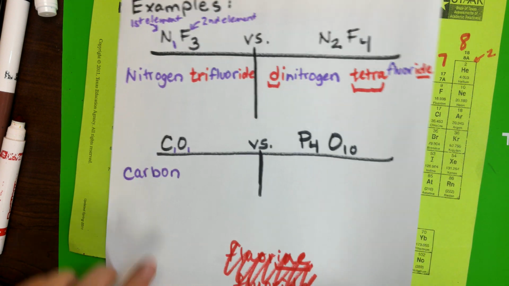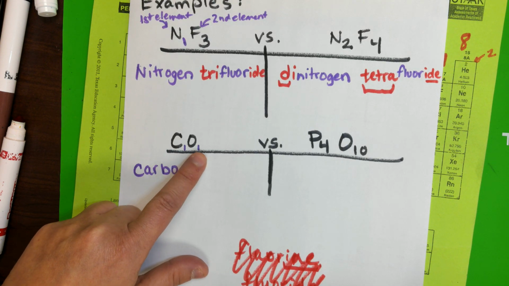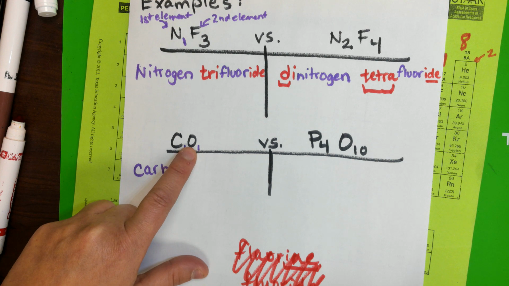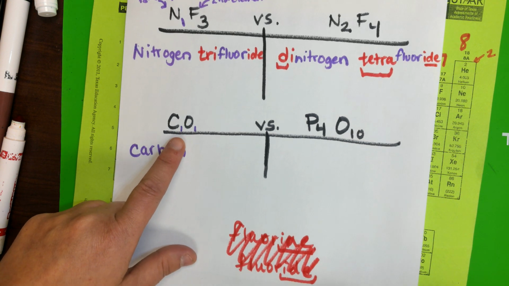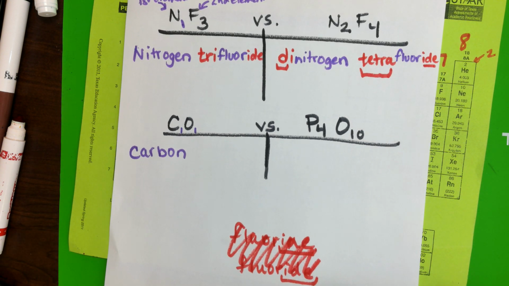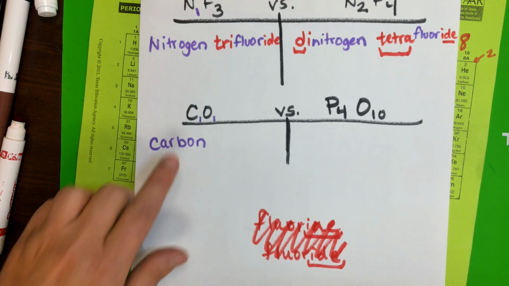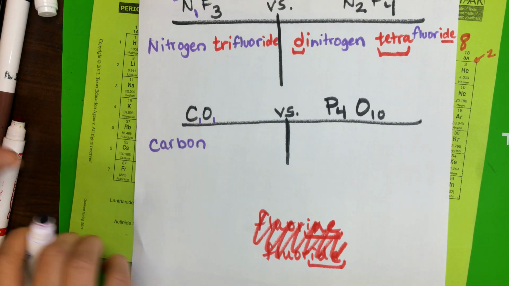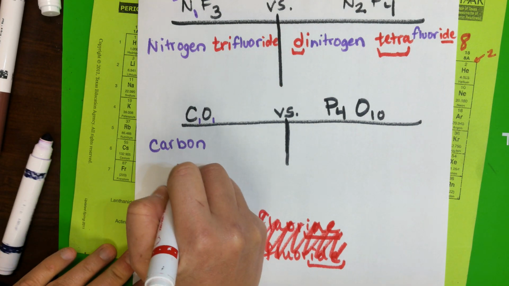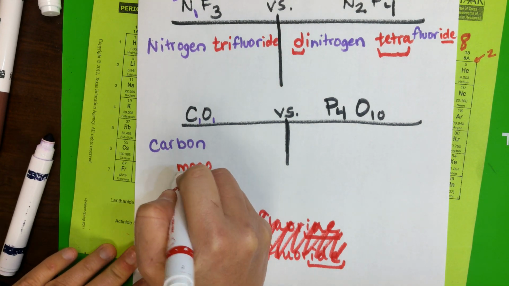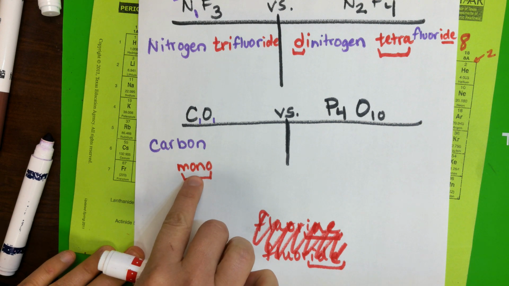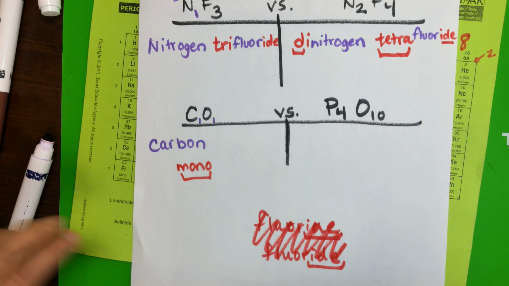Okay, and then oxygen, this one, be careful because we have to think about how it's going to be written down. Okay, so some students get it confused. Now this one we could go ahead and put mono. So I'm going to write mono, right? Because it's the second name. Okay.